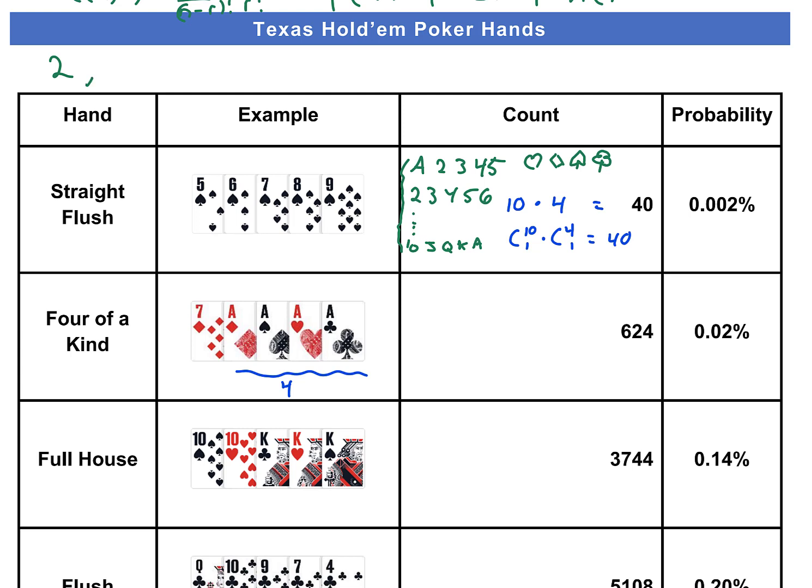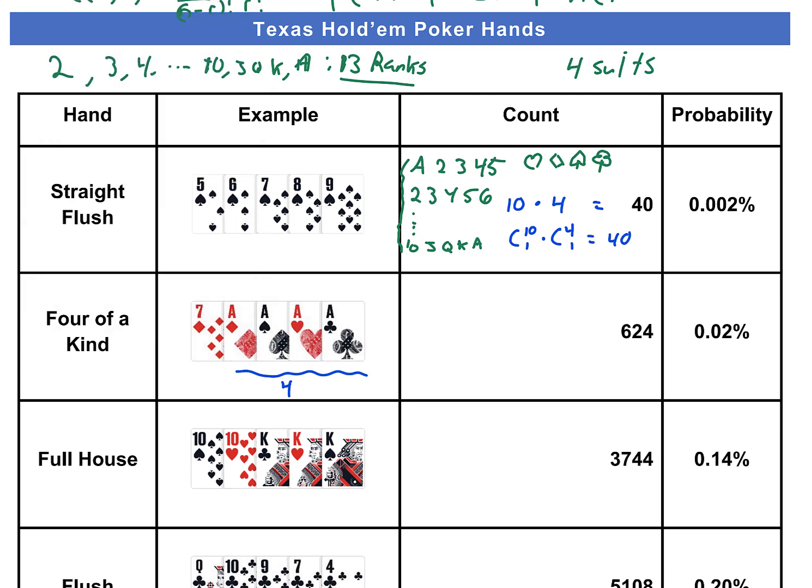So you have 2, 3, 4, all the way to 10, jack, queen, king, ace. So that's 13 ranks. The word is ranks. And then you have 4 suits, right? The suits are heart, diamond, spades, clubs. So 4 suits and 13 ranks.